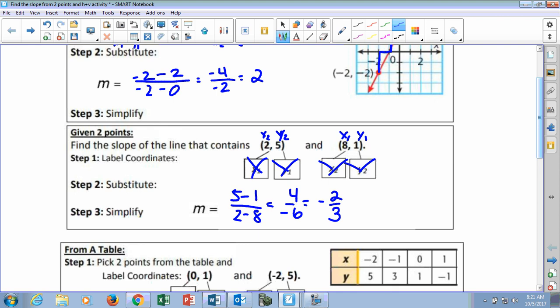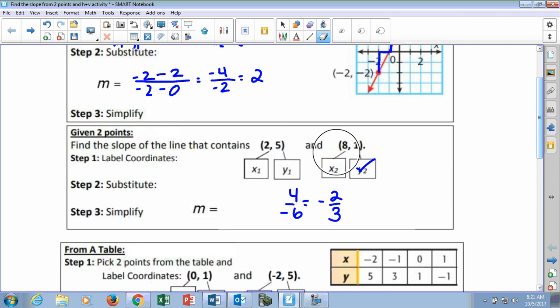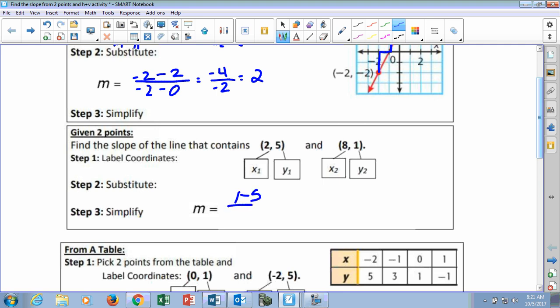So watch what happens when I erase this, and I go by what they told me. So the points are flip-flopped, right? Do the same thing. So my y2 is 1 minus 5, and my x2 is 8 minus 2. Well, what's 1 minus 5? Not 4. Negative 4.